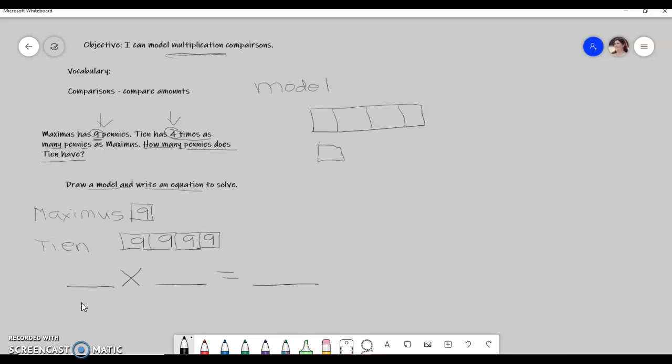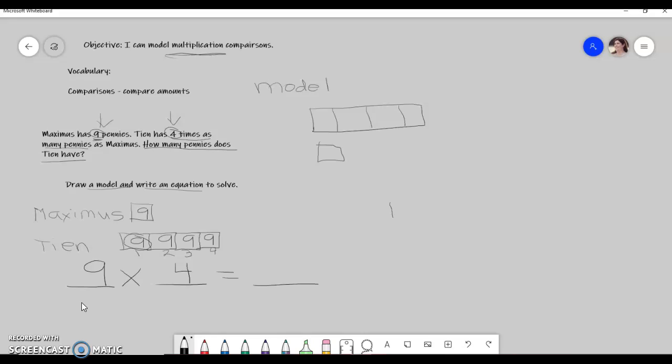Remember, product is the answer to a multiplication problem. So first, what number is in the box? Well, we have 9 in the box, so I'm going to do 9. And how many boxes do we have? 1, 2, 3, 4. We have 4 boxes. So 9 times 4. I don't remember how to do that.